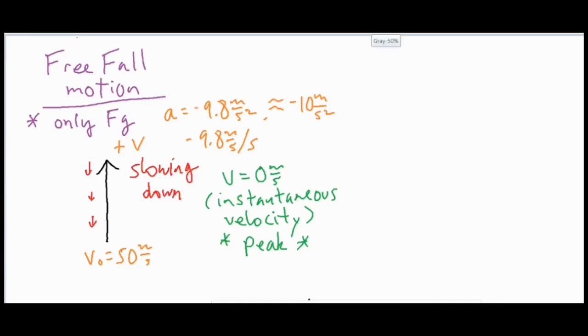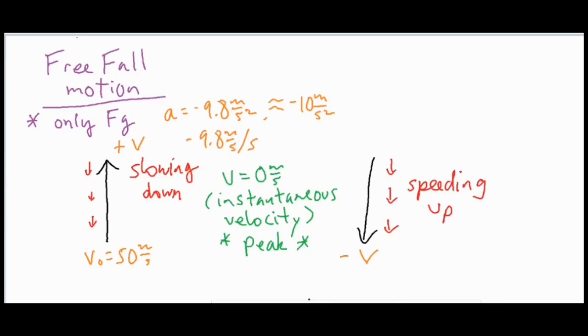Now, when it's going down, it follows a similar set of rules, but when it's coming down and it has that same force of gravity that keeps on tugging it downwards, we now have a negative velocity. So if we have a negative velocity and we are subtracting 9.8 meters per second every second, it is going to become an increasingly larger negative number, which means that it's going to be speeding up because the direction of the velocity and the direction of the force are working together in this case, and it's becoming faster and faster in the negative direction.